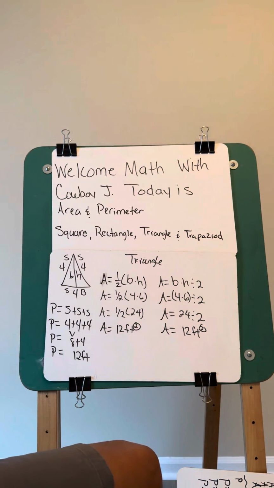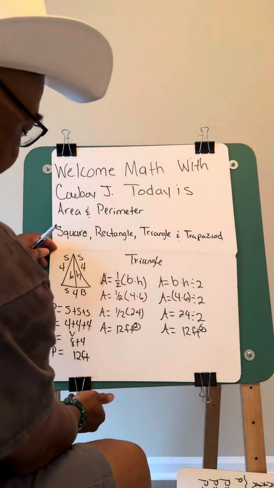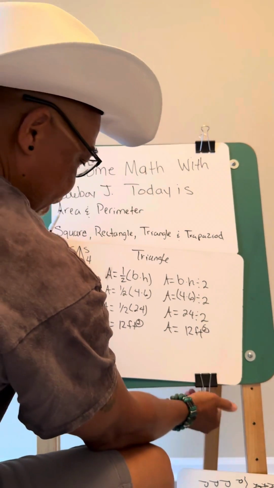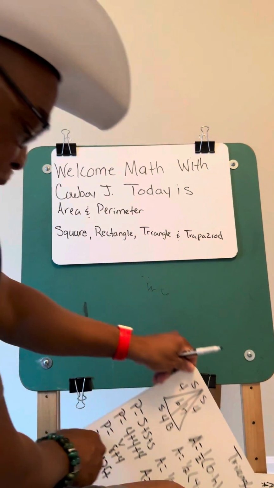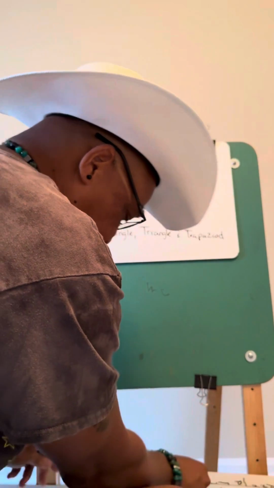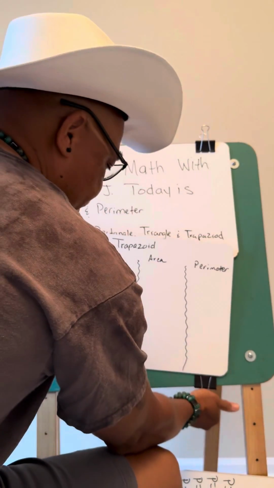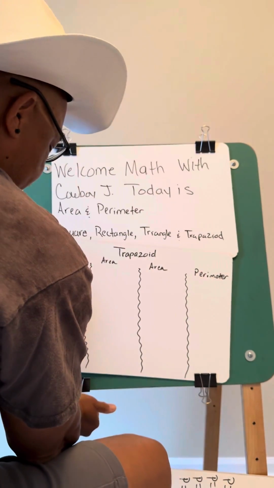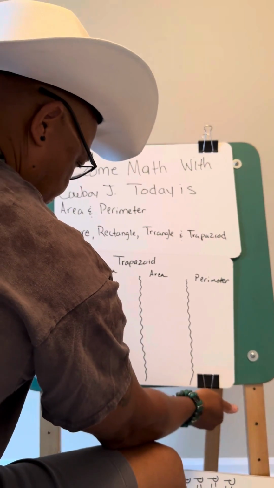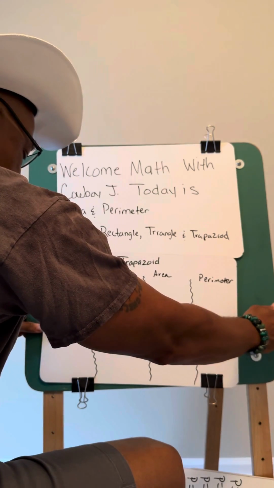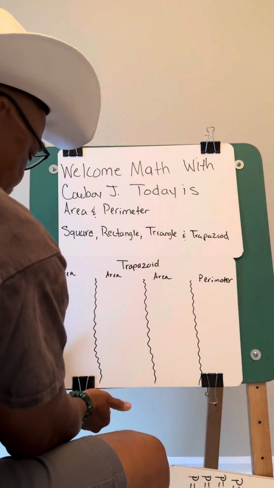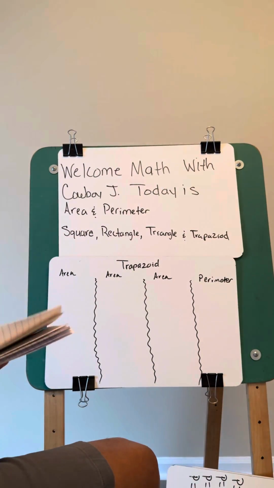That is the triangle. And next, last but not least, is the trapezoid. The trapezoid.